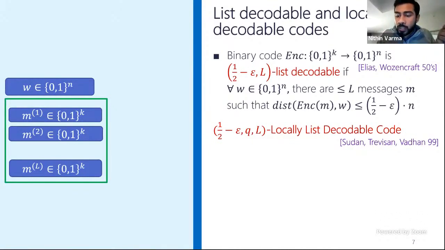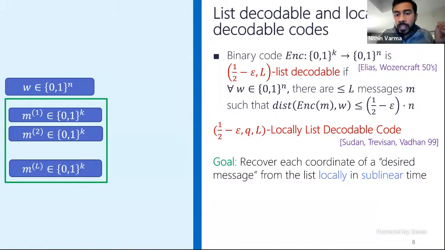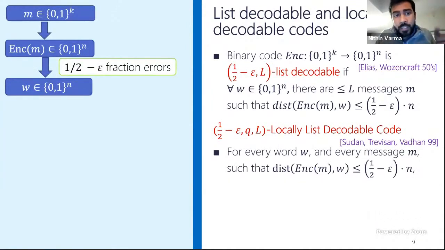Now, list decoding has a lot of applications in theory CS, and this has also been generalized to sublinear time algorithms as local list decoding. And the goal here is to recover each coordinate of a desired message from the list locally in sublinear time. And a more formal definition is like this.